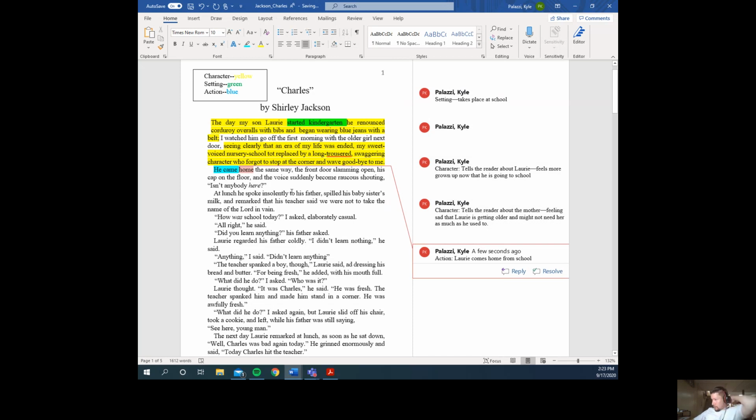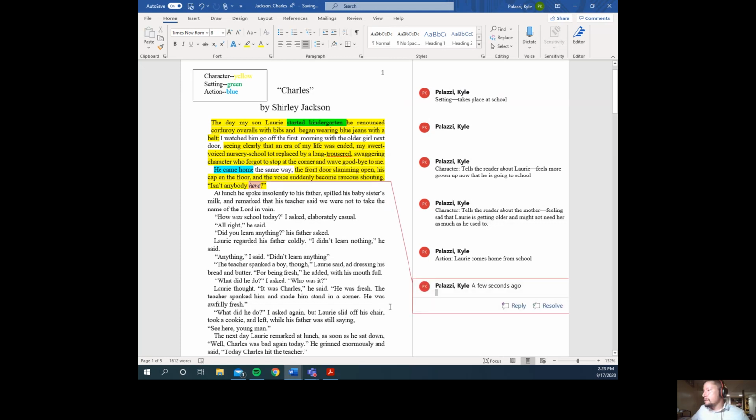This paragraph also gives us another kind of insight into Laurie as a character. The front door is slamming open, his cap on the floor, and the voice suddenly becomes raucous, shouting, "Is anybody here?" So as a reader, that tells me a little something about Laurie as a character.